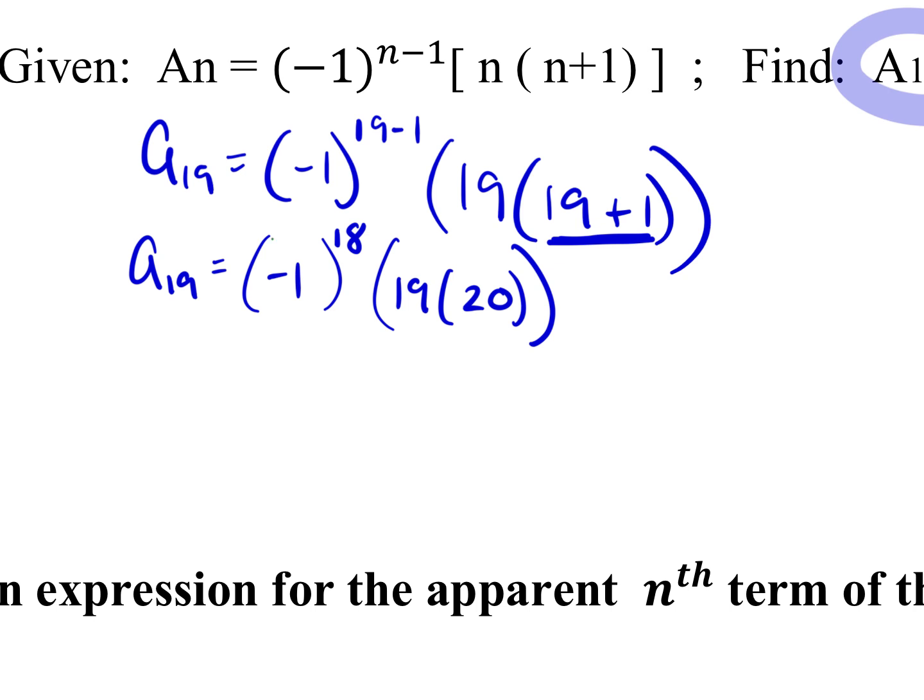So you definitely want to include parentheses here. But what's negative 1 to the 18th power? Positive 1. So that would just be 1. And then we have 19 times 20. So a sub 19 would be 380.